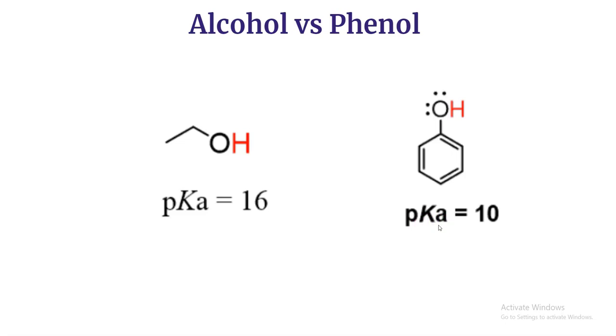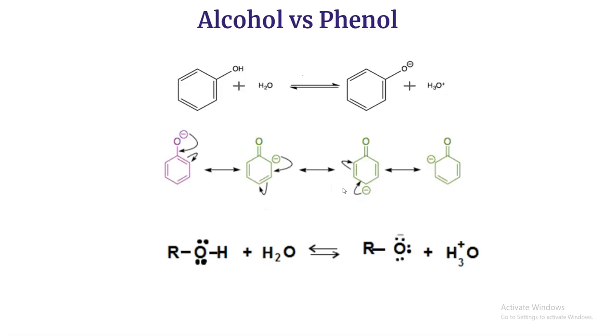A higher Ka value means the compound would dissociate more in solution, producing more H+. That means it's going to be highly acidic. Okay? So the lower the pKa value, the more acidic the substance. So between alcohols and phenols, phenols are more acidic. Very important property. We'll see why.